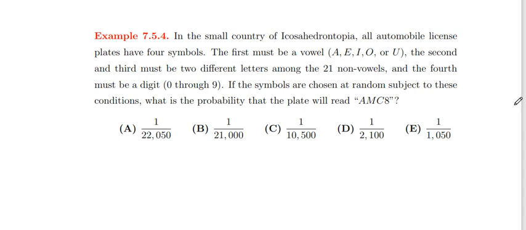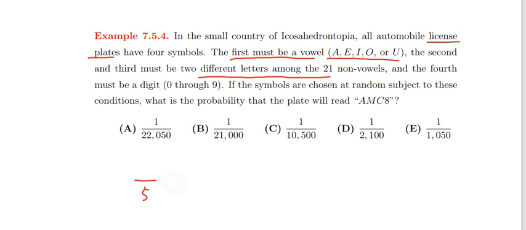Okay, so this problem just says the license plate has 4 symbols. The first one must be just from these 5, pick 1. The second and third must be 2 different letters among the 21 non-vowels. So we just check one by one. First one has 5 choices, right?